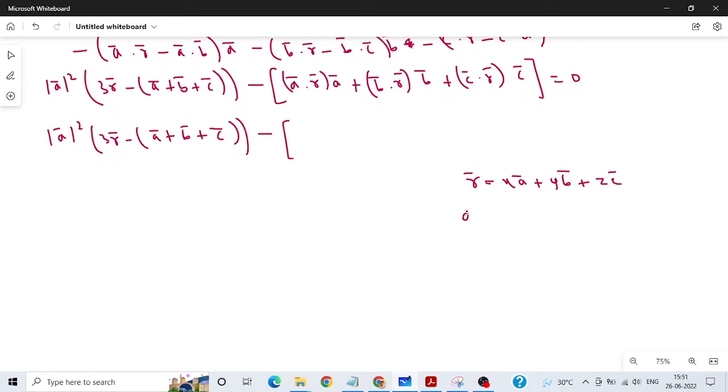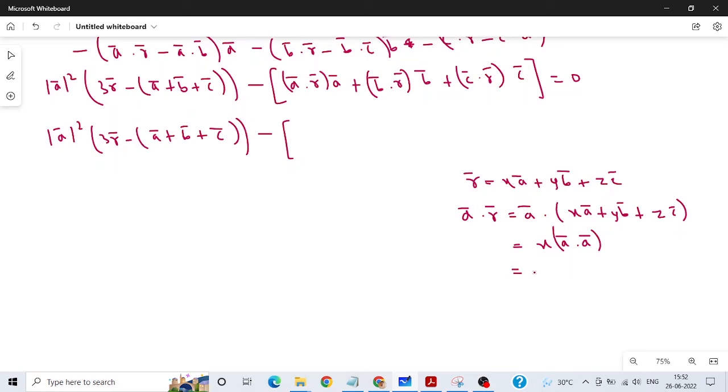If we want to calculate a bar dot r bar, it's a bar dot x a bar plus y b bar plus z c bar. Now x is a scalar, so it's x times a bar dot a bar, then plus y is a scalar, so it's a bar dot b bar, by using the distribution of dot product over addition. So a bar dot b bar is 0, again a bar dot c bar is 0. So we are left with x a bar dot a bar.